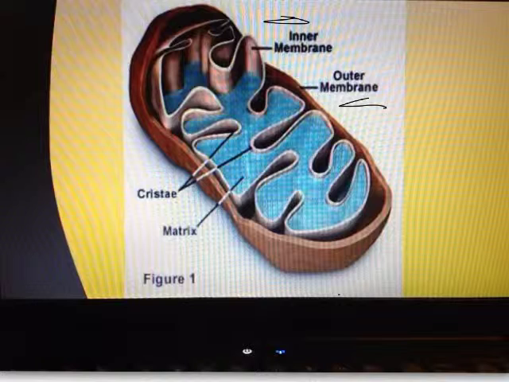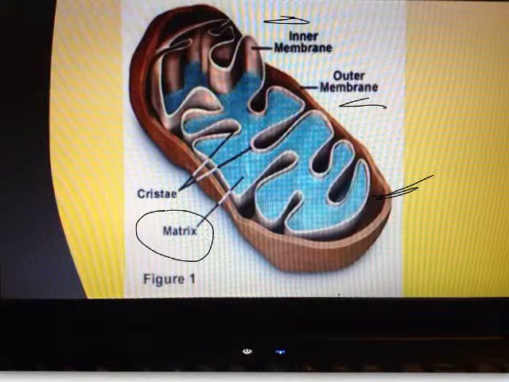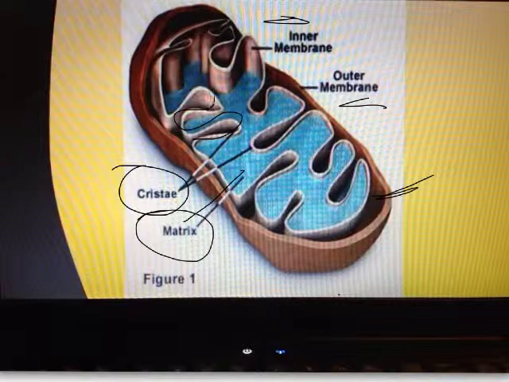Between that you've got the intermembrane space, which is very important in terms of the hydrogen ions. That's why they pump to it, to maintain that electrochemical gradient. You've got the matrix, which contains lots of enzymes. You've got the cristae, which provide large surface area inside the mitochondria for the ATP synthase enzymes to exist upon.